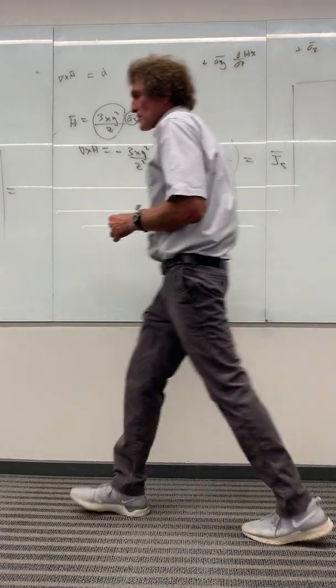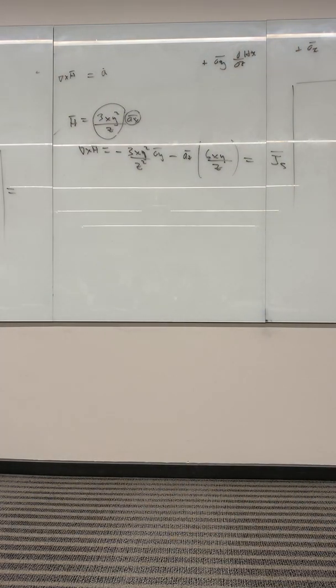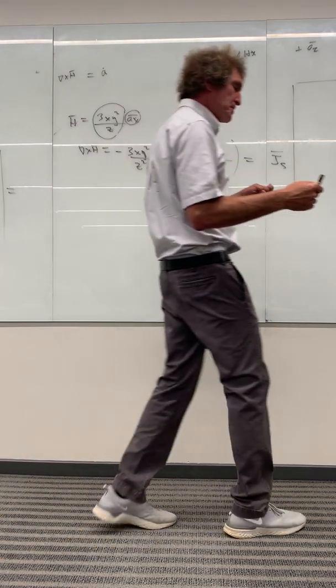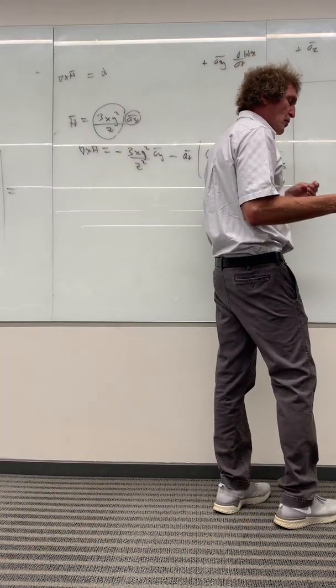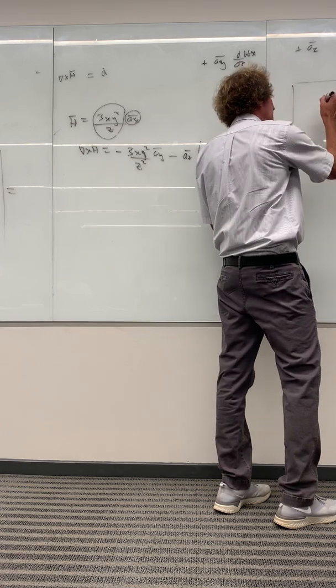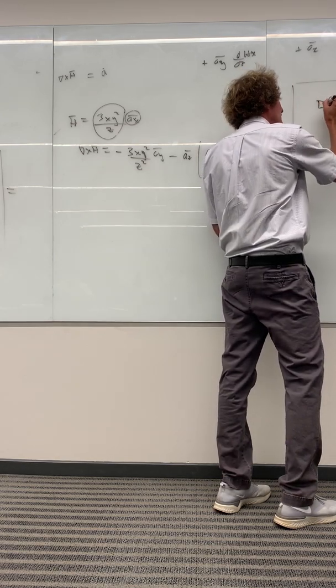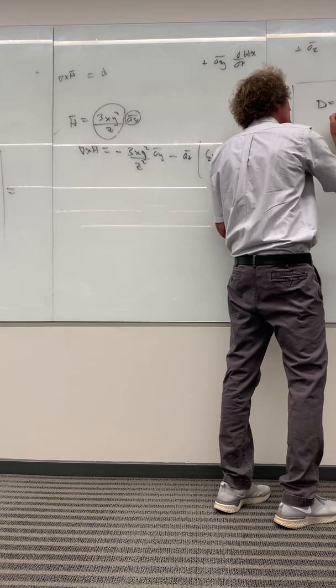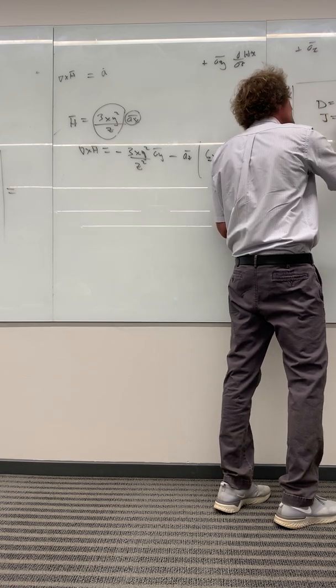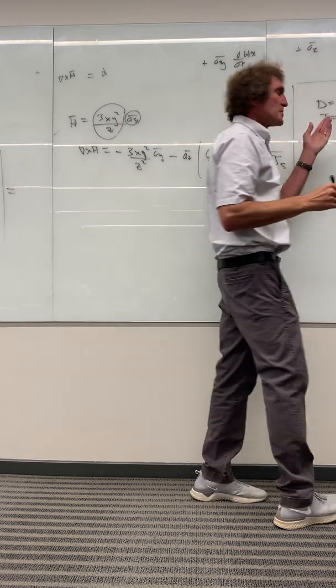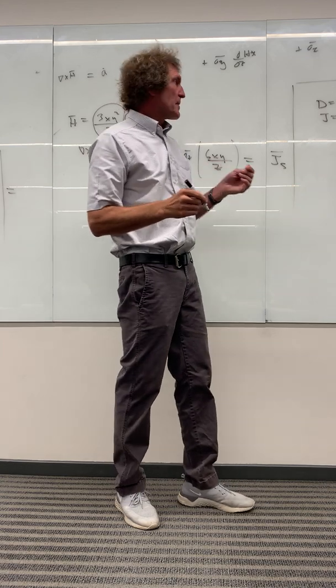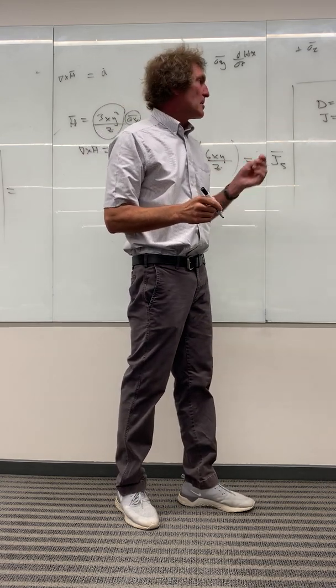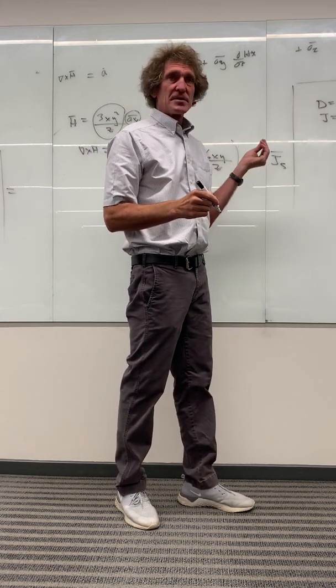Now, for the B field, I'm going to just tell you, you know how in the electrostatic equations, we had these coupling factors. We had D equal to epsilon E, and J equal to sigma E. Those are just the constants that relate the vectors. D is related to E by epsilon, and J is related to E by sigma.